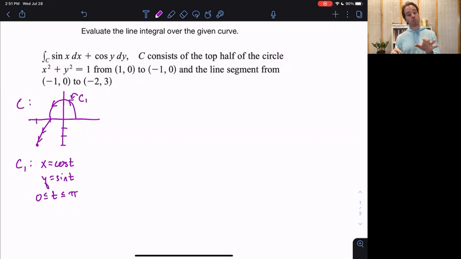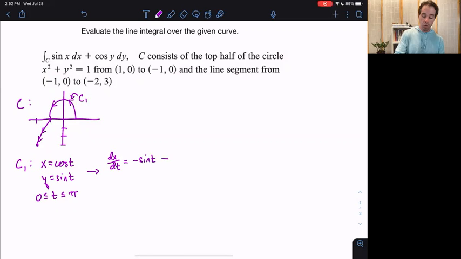And we're going to have some more stuff to do on C2 eventually, but we'll just do that when we get to it. So what does this mean? This means that dx/dt is going to be negative sine t, and dx is going to be negative sine t dt. Similarly, dy/dt is cosine t, making dy equal to cosine t dt.